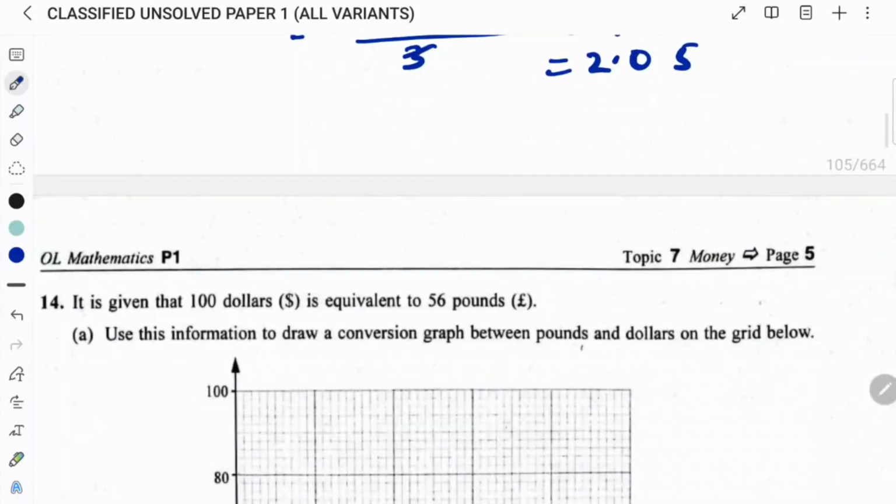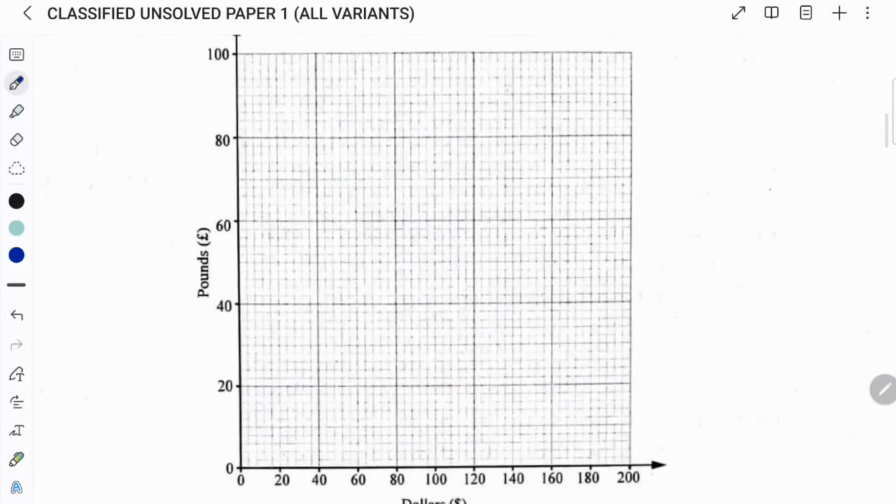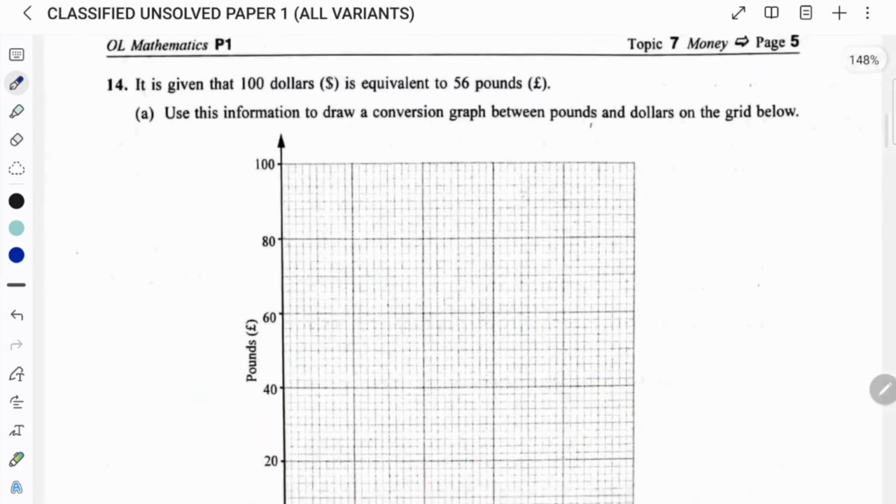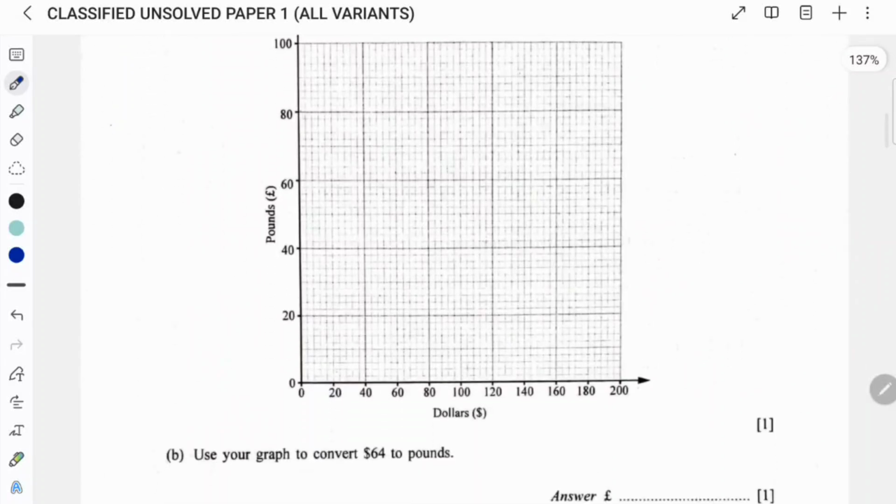Go to the next question, number 14. In question 14, it's given that $100 is equivalent to 56 pounds. Use this information to draw the conversion graph between the pounds and the dollars. So $100 is 56 pounds.